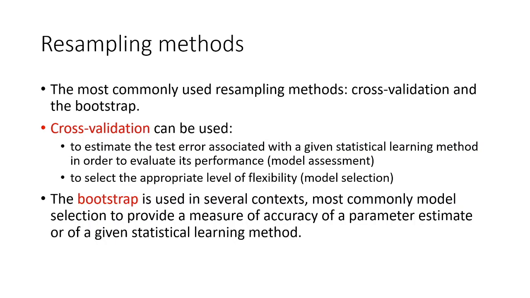Cross-validation can also be used for model selection, in which you use it to select the appropriate level of flexibility. Flexibility is whether the model is flexible or complicated. So what is the optimal level of flexibility that you will allow that will reduce the test error?